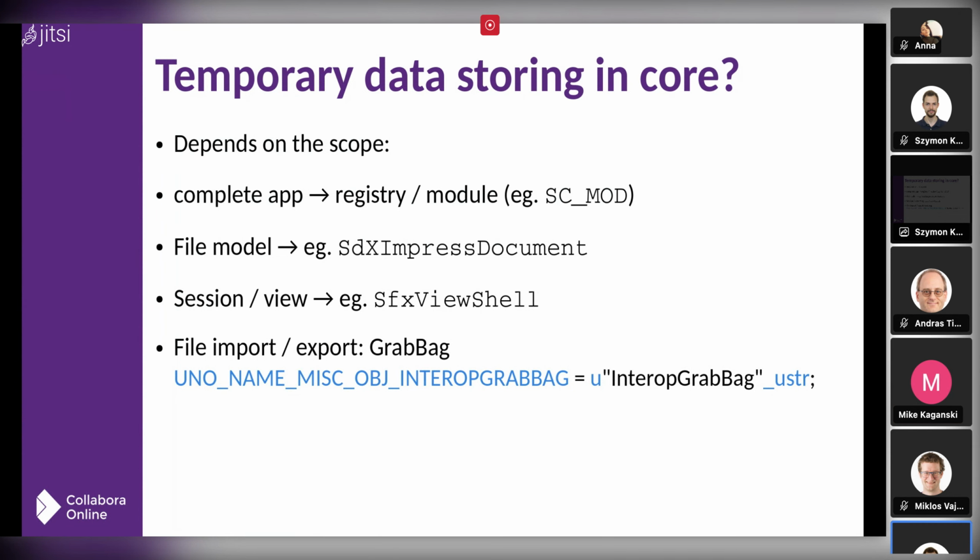Yes. So that's the list of places where we can store some data which are useful during the session, or maybe not session of one user, but where we have opened one document in the Collabora Online, and we want to pass some data or new members of some data for later, or maybe share them between the users, or only for one user.